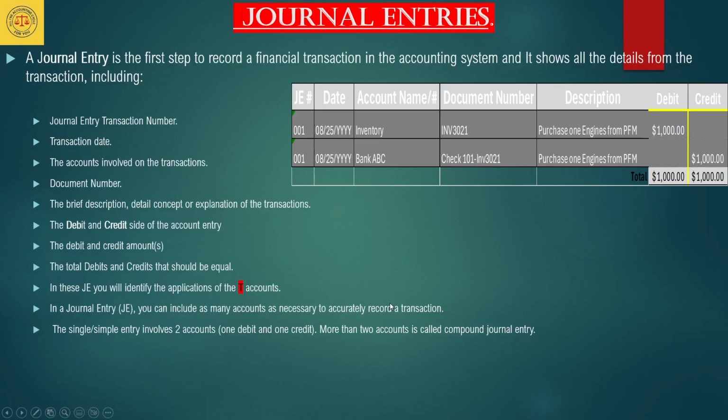But if it's more than two accounts involved in this one, is when we say that the journal entry is a compound journal entry. That means several transactions. And by the way, it could be just one transaction with a compound journal entry. Not necessarily it has to be different or multiple transactions. It can be just one transaction that has several concepts.